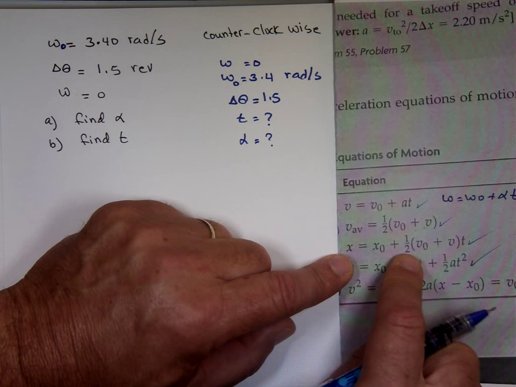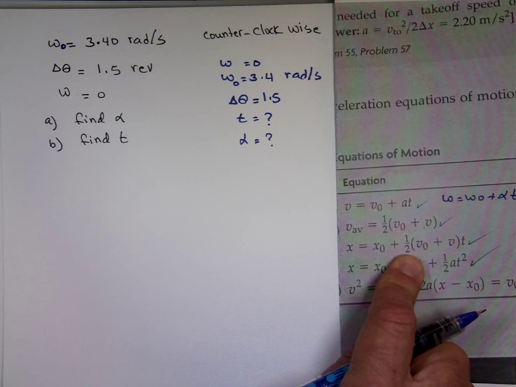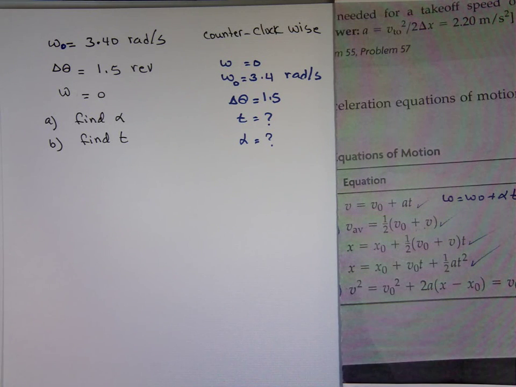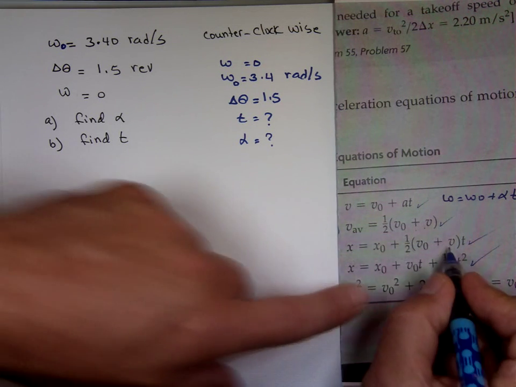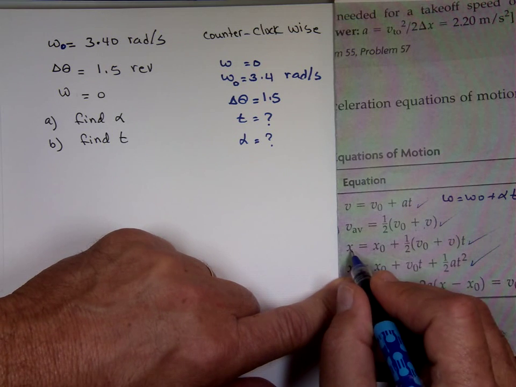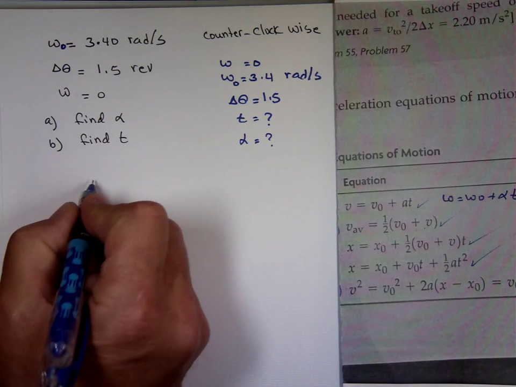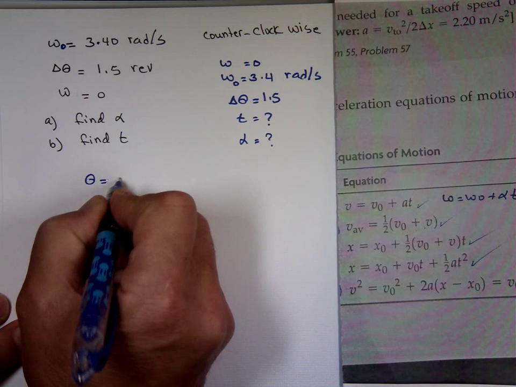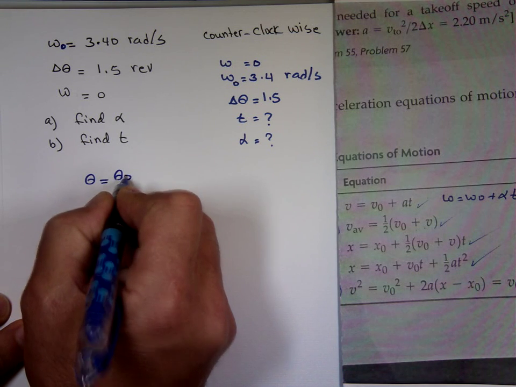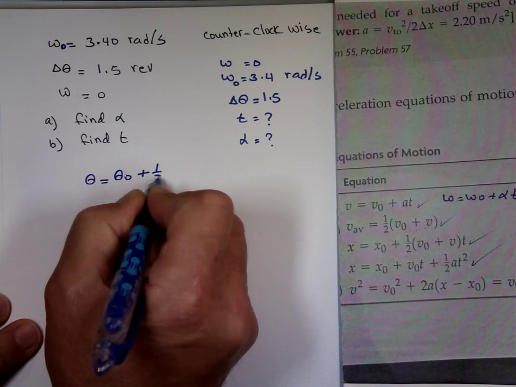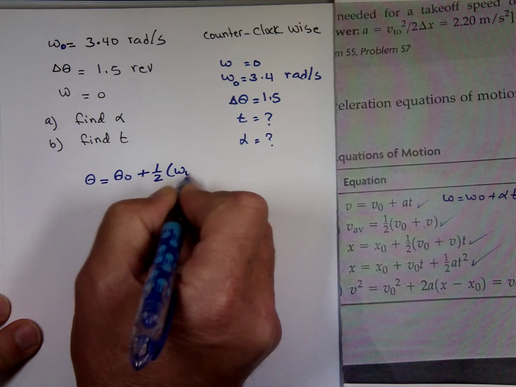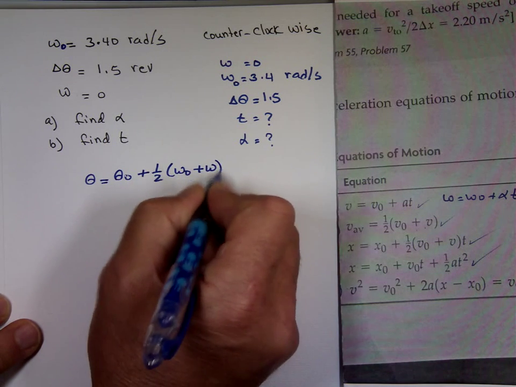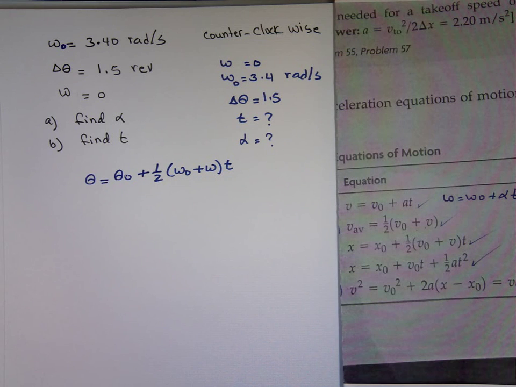I just realized that we can get t from here. Can you see this equation? Equation number 3. Theta equals theta 0 plus 1/2 (w0 plus w) times t. I can get t from that equation. Oh, wait a minute. Yep.